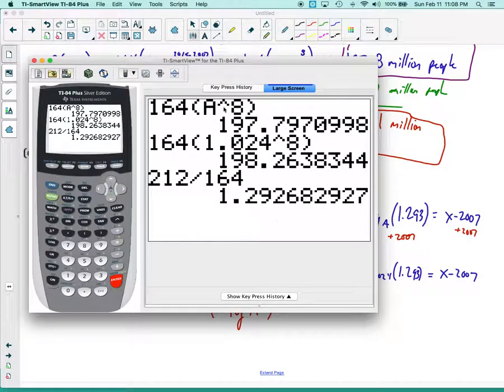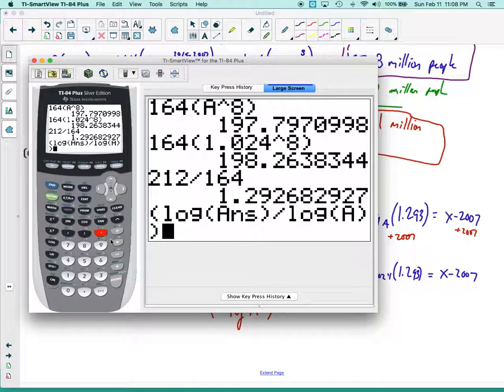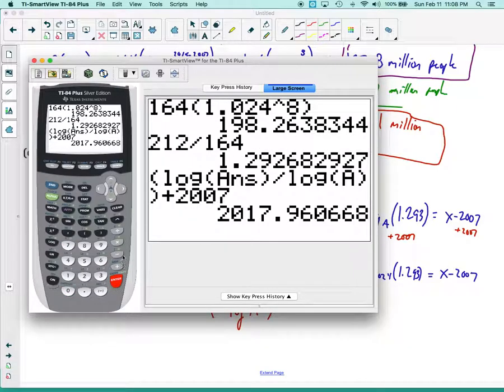Here's this number that I was approximating. I want to take the log of that, close those parentheses, divided by log of a, bring in my stored constant, close those parentheses again, and then plus 2007. So 2017.96, really close to 2018.